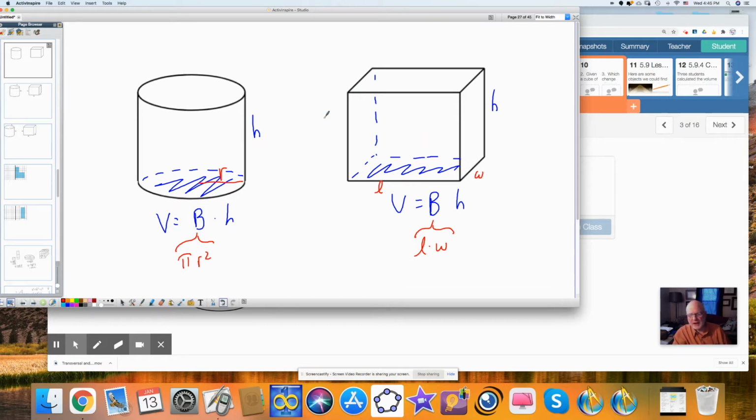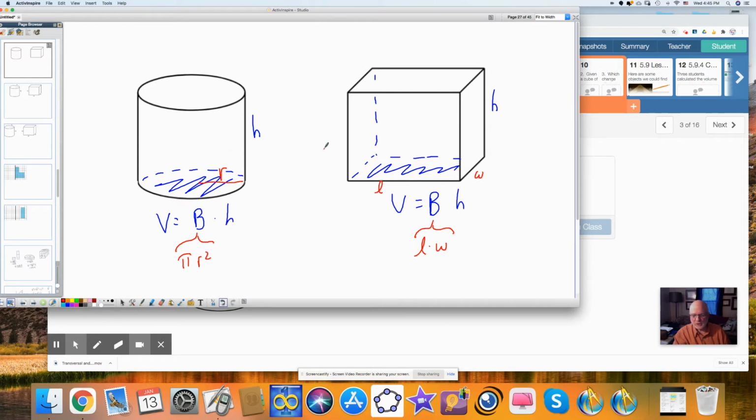The question I ask is, is a cylinder a prism? One person said, well, this has a top and a bottom that are the same, and this has a top and a bottom that are the same, so it has to be a prism. Another person said, well, this is not a polygon for the base, so it can't be a prism.